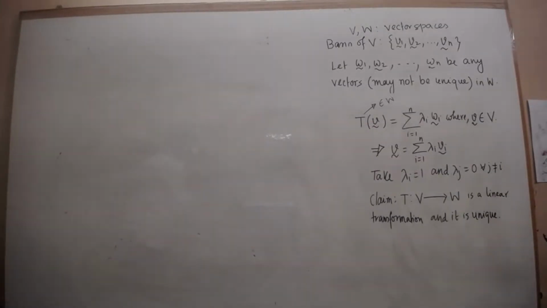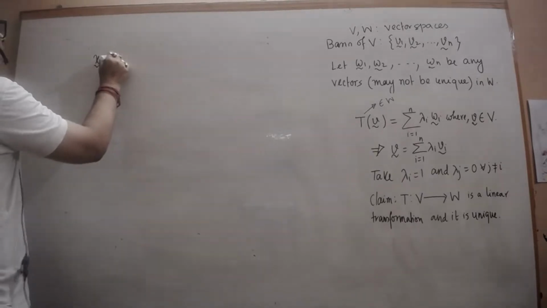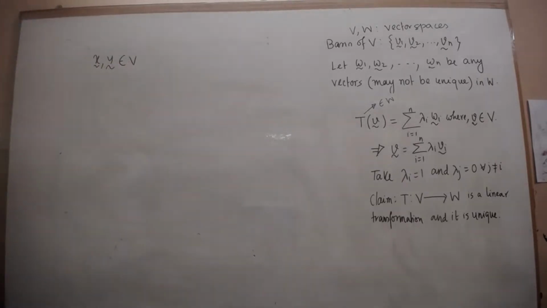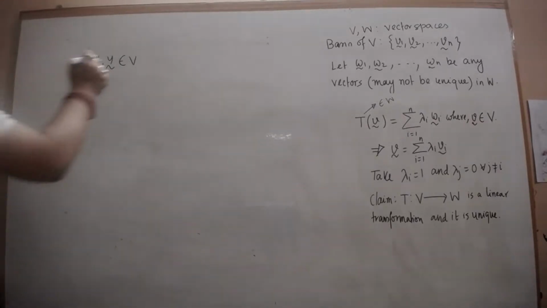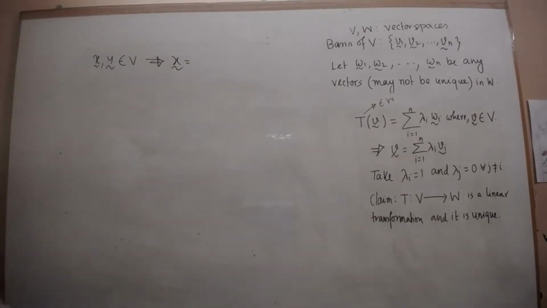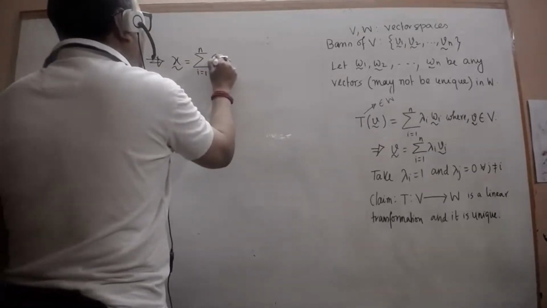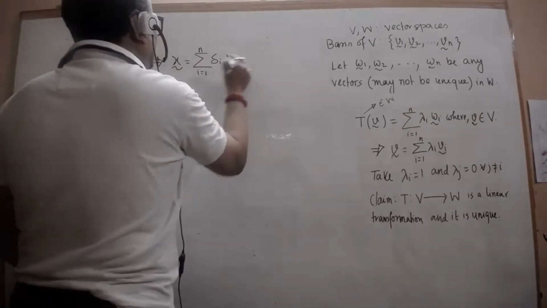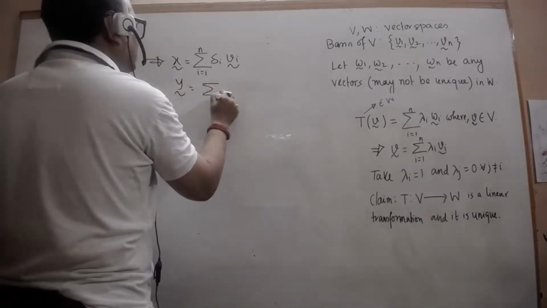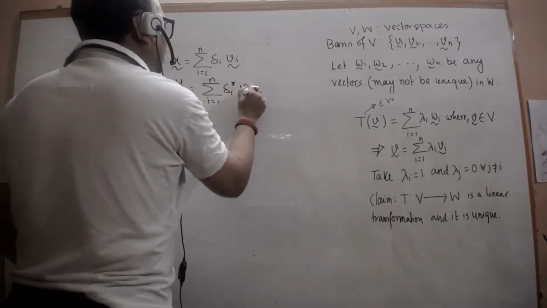So, proving linear transformation, we take two vectors x curl and y curl both belonging to V, and v1 to vn is a basis of V. This implies x curl can be written as a linear combination of the basis vectors, so that is equal to the sum over i from 1 to n of delta_i v_i curl, and y curl can also be written as a linear combination of v1 to vn, that is delta_i star v_i curl.